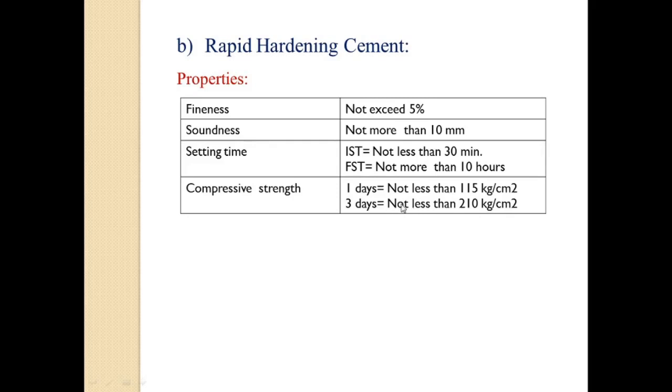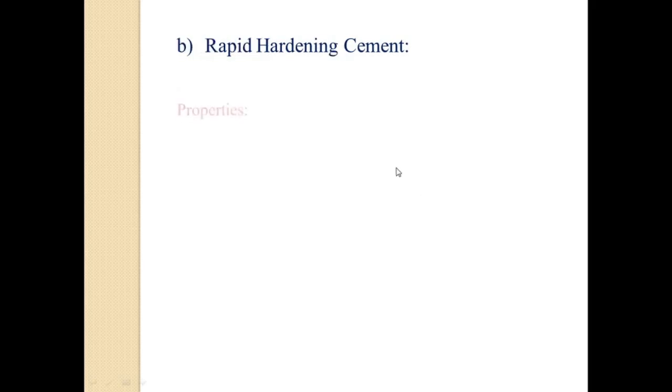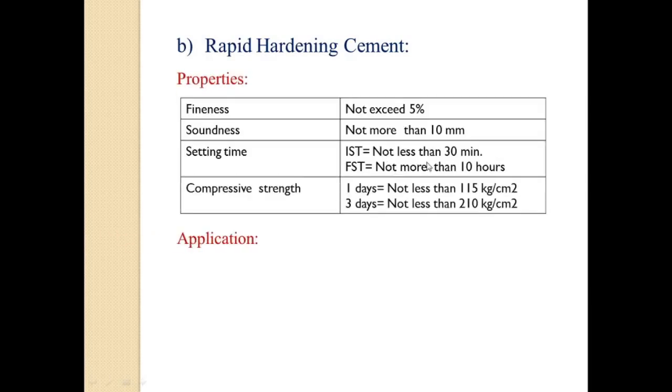If we are using the standard sand, then for 1 day it should not be less than 160 kg per centimeter square, and after 3 days it should not be less than 275 kg per centimeter square. So here we can see the difference. The 1 day strength is 115 kg per centimeter square, whereas for ordinary Portland cement that strength is reached after 3 days. So it gives much earlier strength.